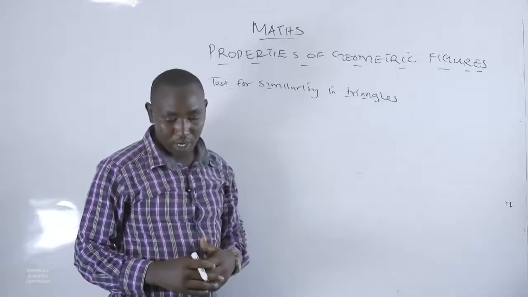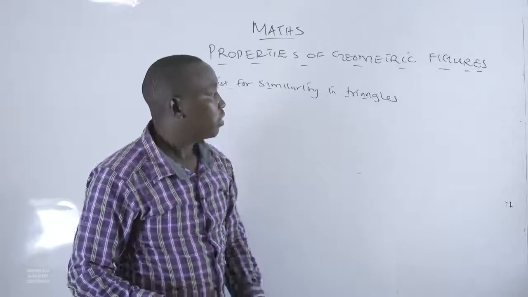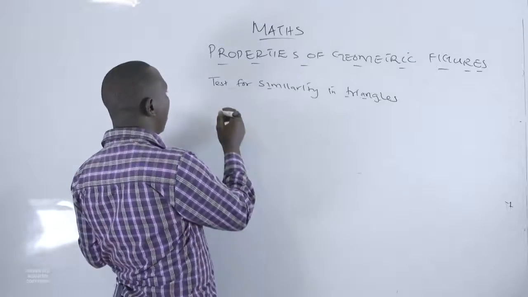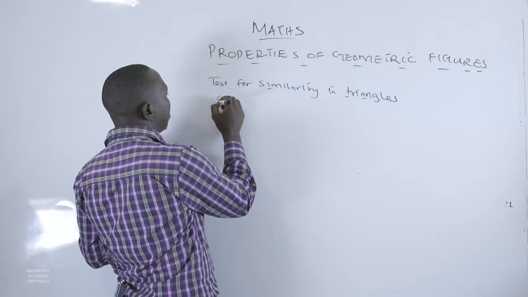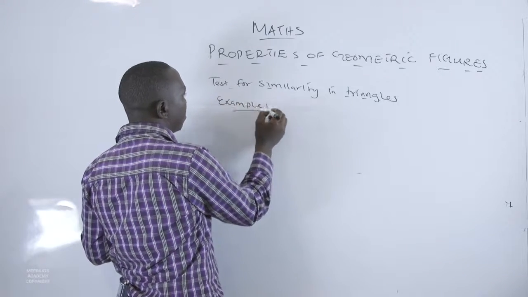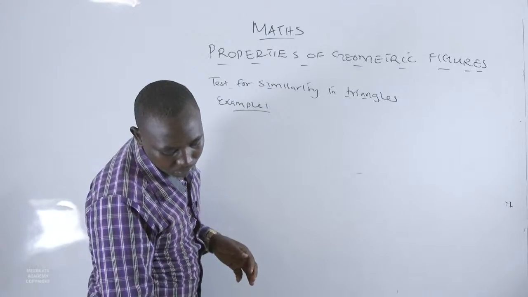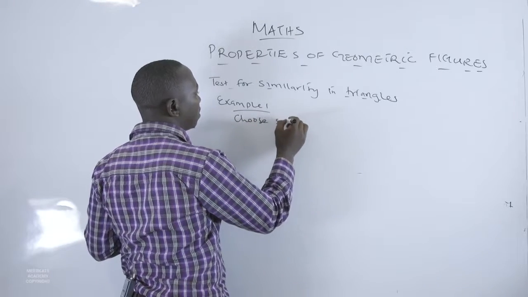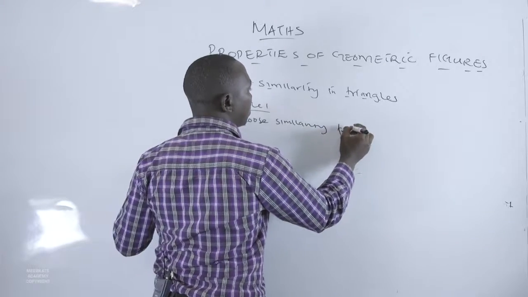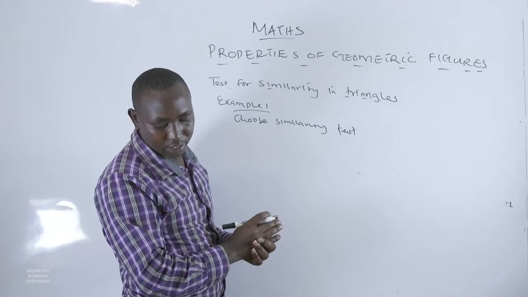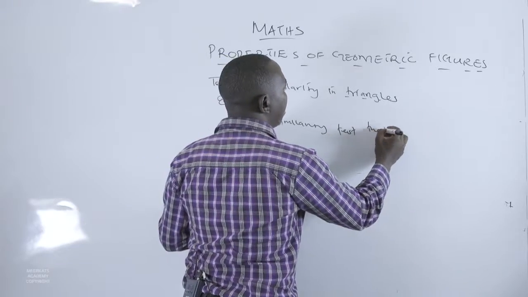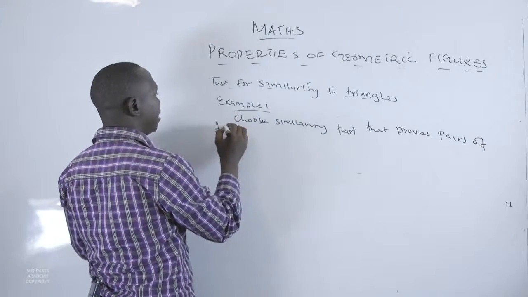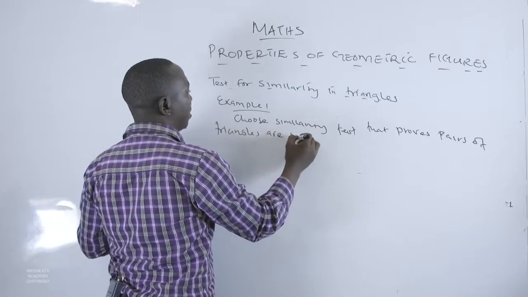So we are supposed to choose a similarity test that proves the pairs of triangles given are similar.